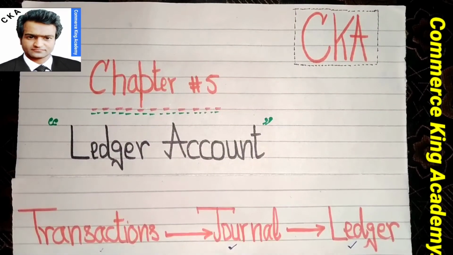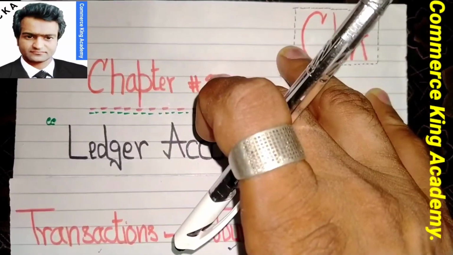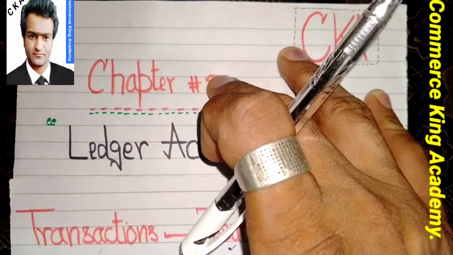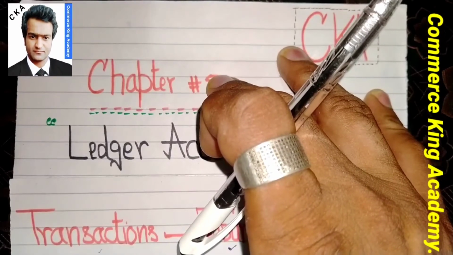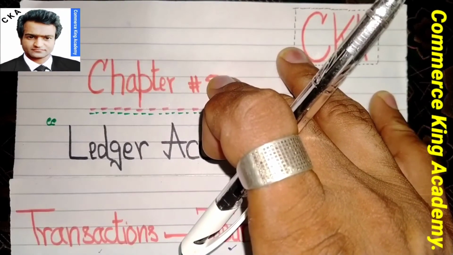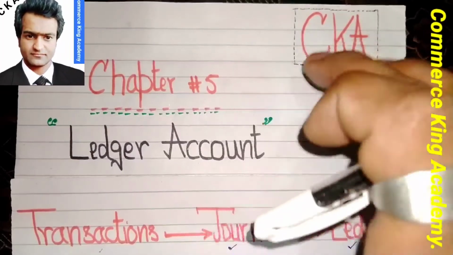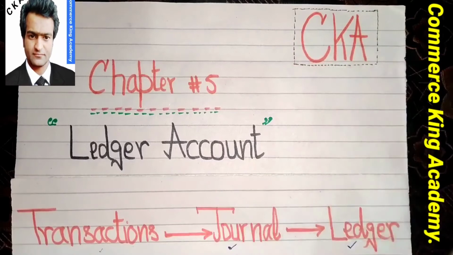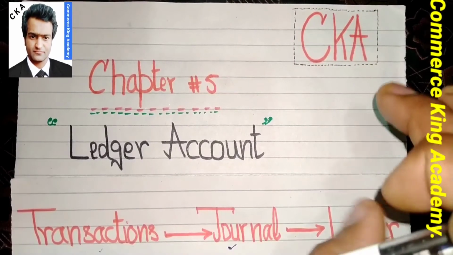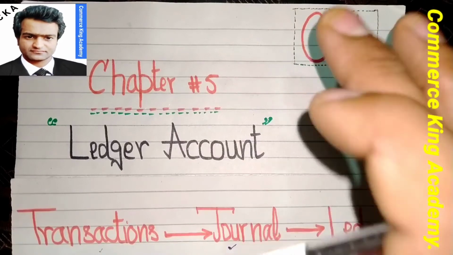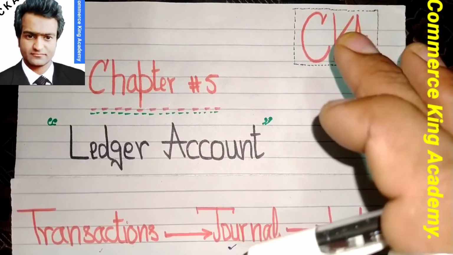Differences do exist, however, in the manner in which data are physically entered into manual and computer-based systems. When we talk about manual entry of accounting data in the journal as well as in the ledger account, the data are entered in handwritten form in journal entries or in the ledger.